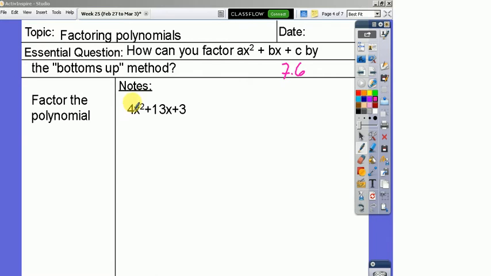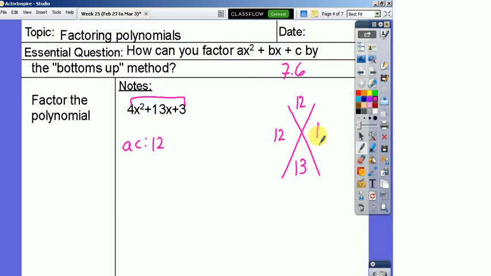So we're looking at AC again, and I have an AC of 12. I can set up my X. And I ask myself again, what multiplies to be 12 and adds to be 13? And as you guys have said before, we get 12 and 1. So far everything's the same, right? Everything's the same as the last two methods. This is what's different, okay?